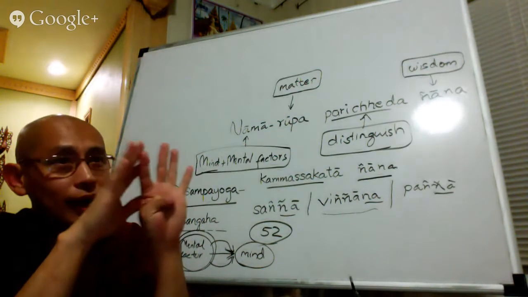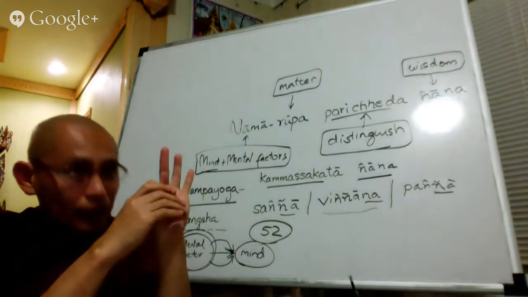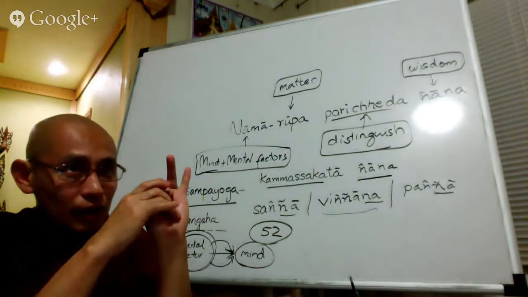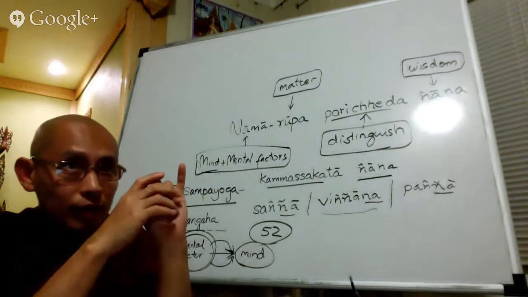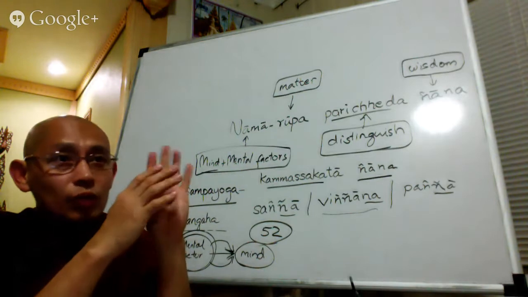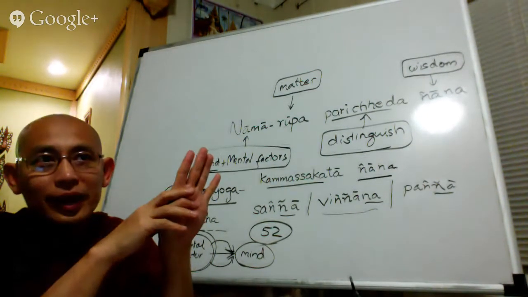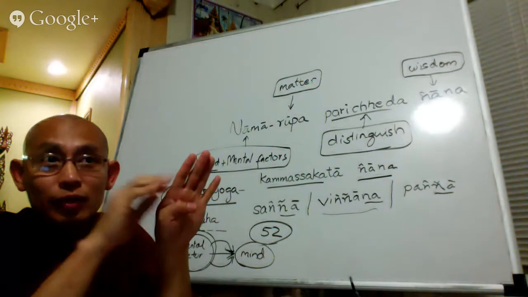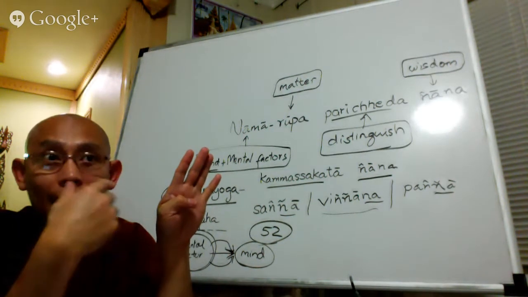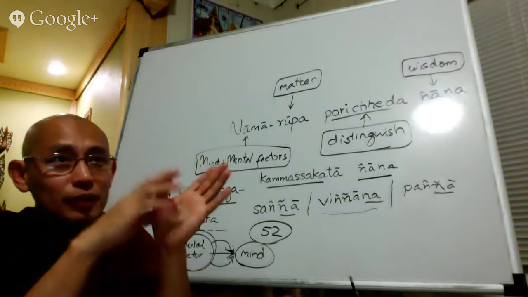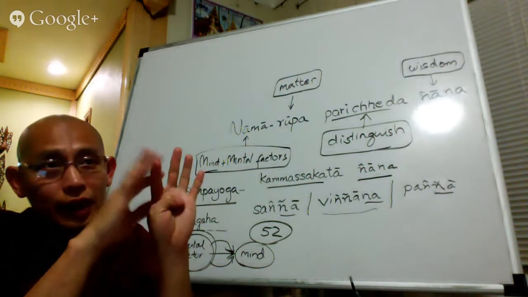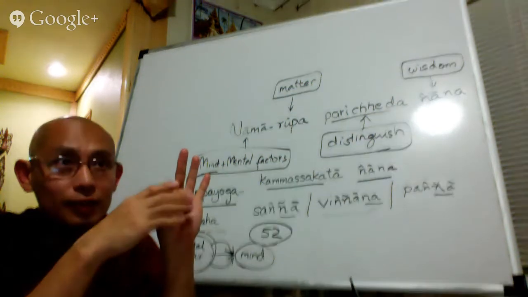And then Sakadagami, first jhana. Anagami, first jhana. Arahant, first jhana. So 4. This is Magga, wholesome. And then we go to the resultant, Phala. Sotapanna Phala, first jhana; Sakadagami Phala, first jhana. This is resultant.